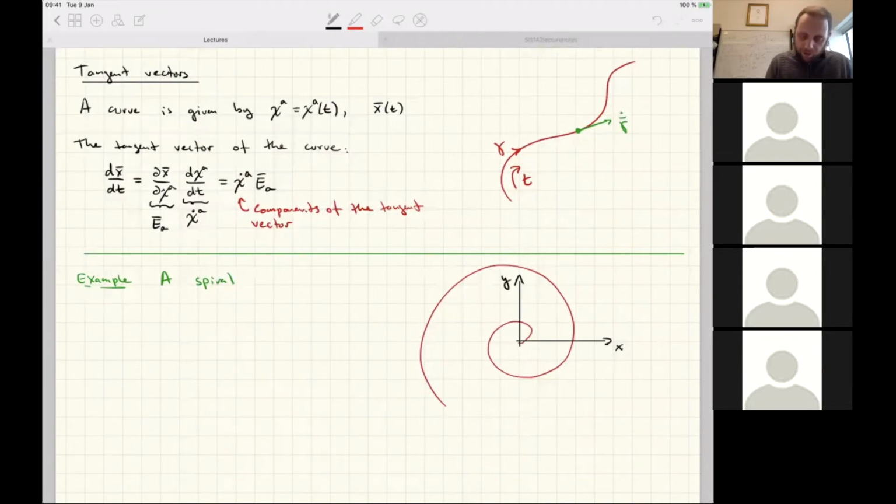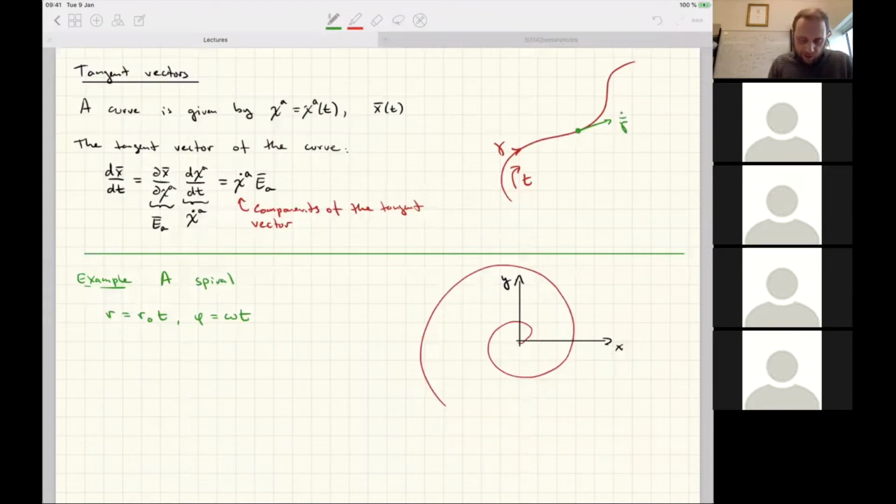Now in polar coordinates, I can give r as a function of t as some r0 times t, where r0 is a constant. And I can write phi of t as some other constant omega times t. This would describe a spiral like this.